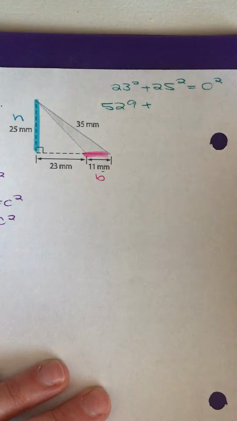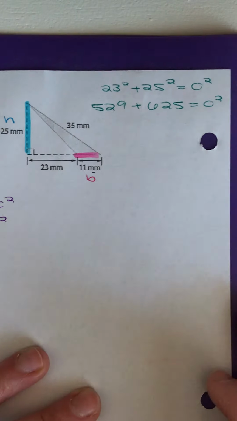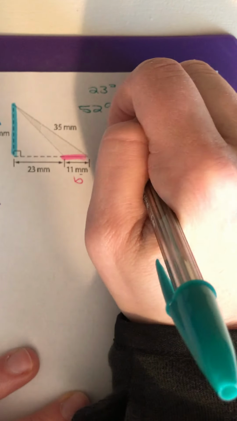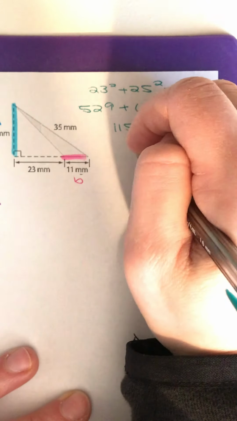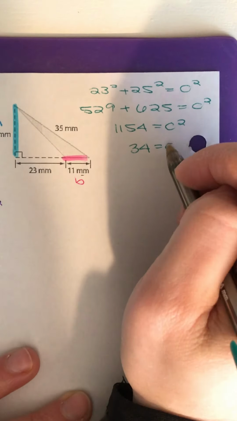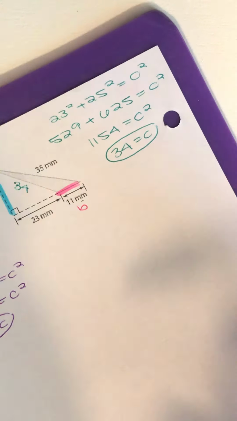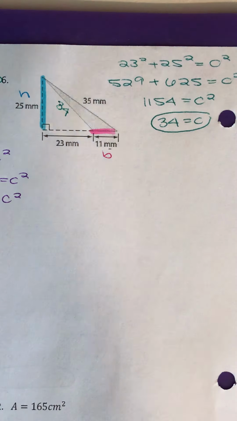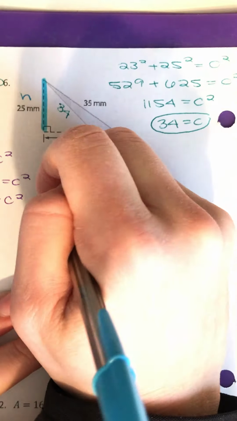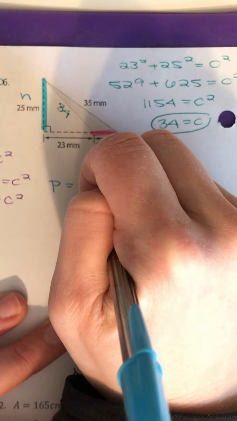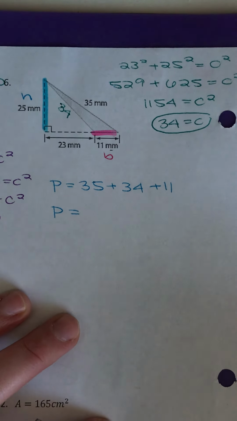Try this Pythagorean theorem on your own. It's 34, so again I'm going to add all three sides. 35 plus 34 plus 11, and I get 80.